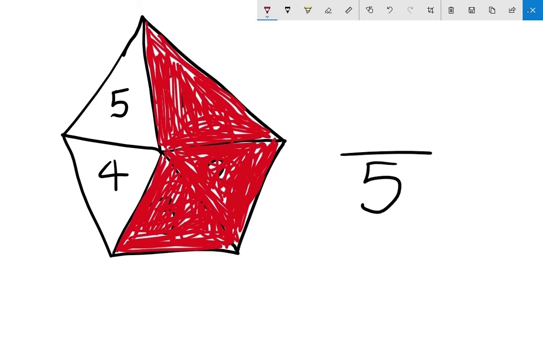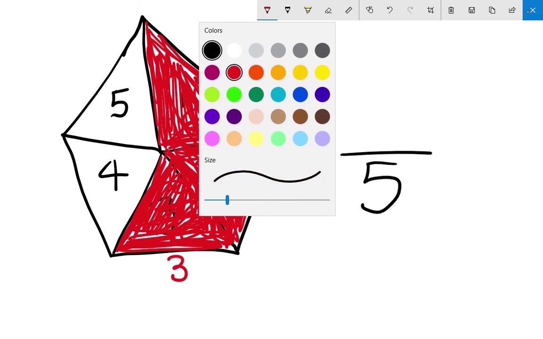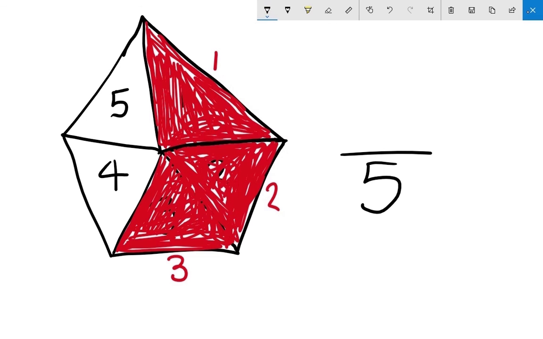You count the sides that are shaded. 1, 2, 3 parts are shaded out of 1, 2, 3, 4, 5 sides. So the fraction becomes 3 out of 5 parts shaded. This is a proper fraction. Good.